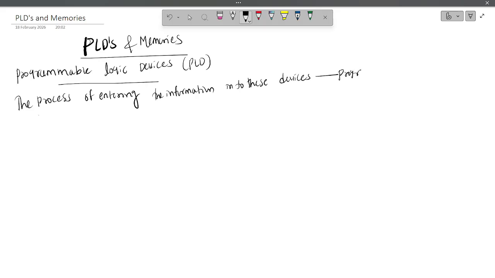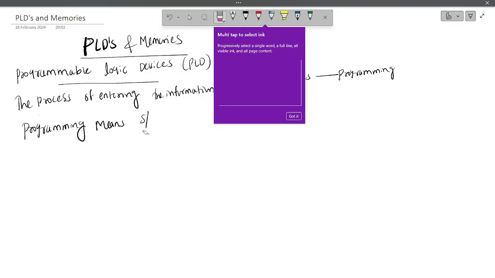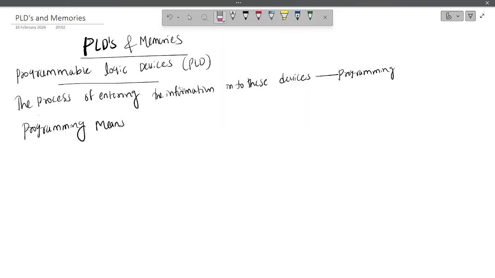Programming here means hardware programming, not software programming.